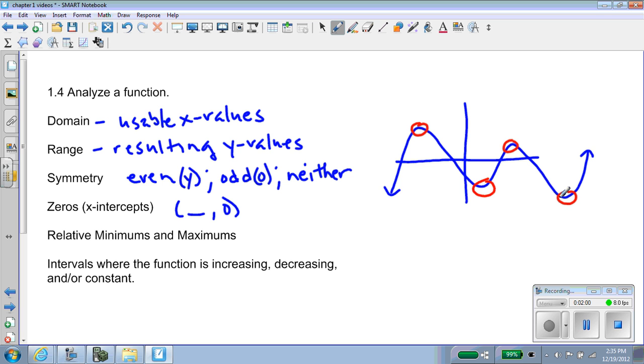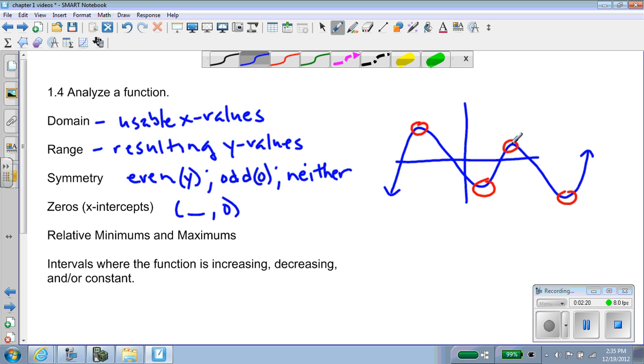And what we say very formally is that in a small neighborhood, this circle is representing a small neighborhood, there is a point that is the highest point where the points on the left and the right of it are both lower.